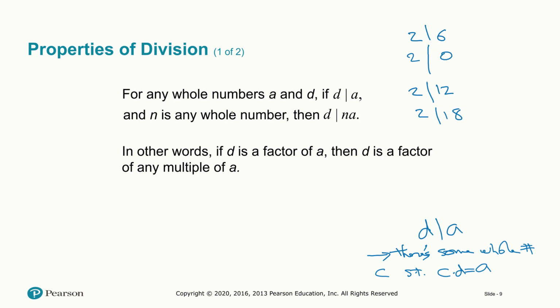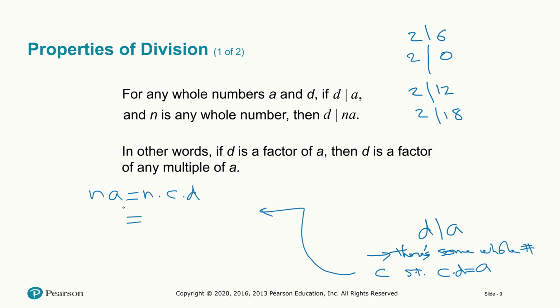So if we look at n times a, remember, a is c times d, so it's going to be n times c times d, right?